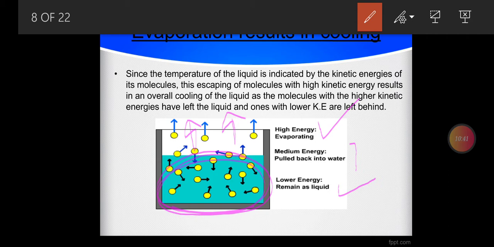So the high energy molecules are lost, lower energy molecules are left behind, and the end result is a decrease in temperature.